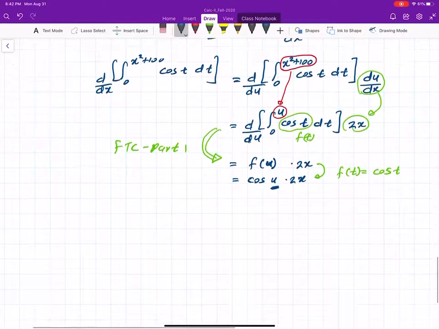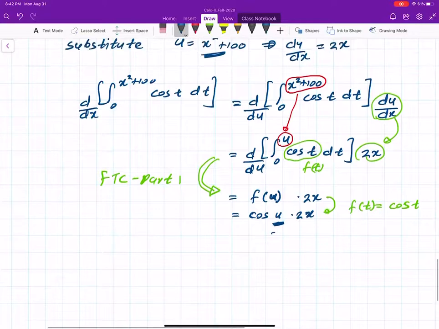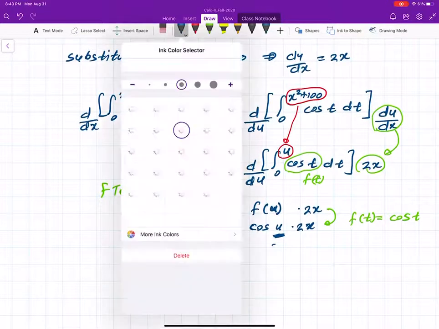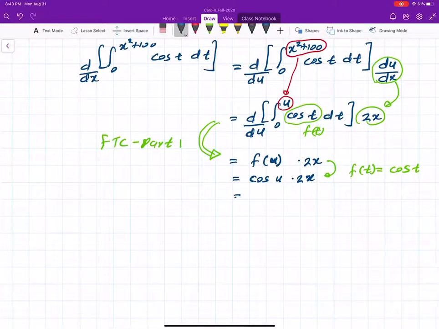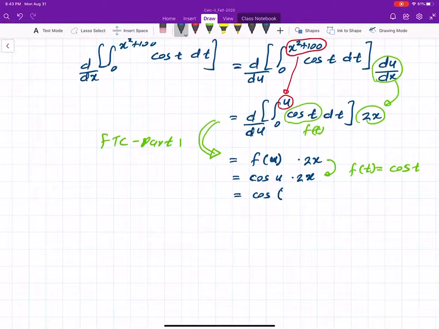You have to get all the extra variables back to the original variables. You have to get rid of this u, right? For that you could use this function. So this equals cos u, which should be x square plus 100, times 2x.